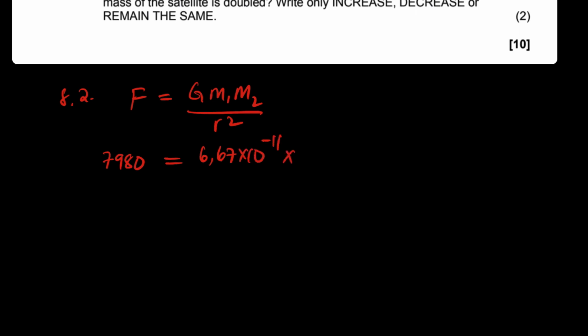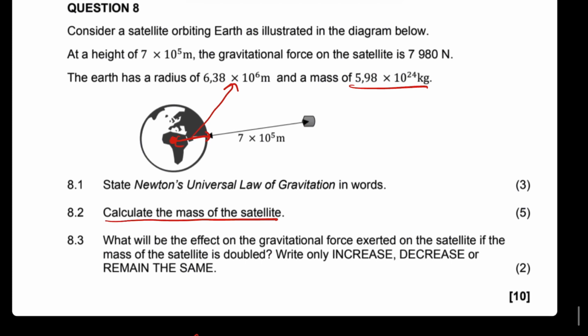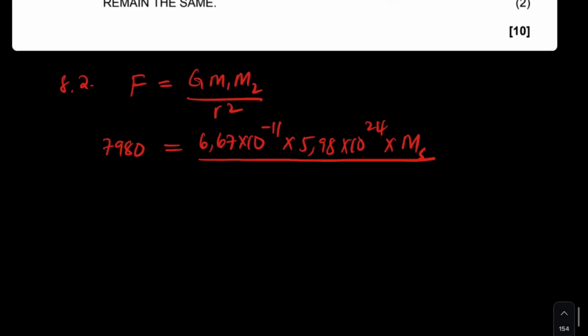The mass 1 will be the mass of the Earth, 5.98 times 10 to the power 24, times the mass of the satellite, I'll say ms. Guys, you need to remember here that this distance is going to be from here, so we're going to add this distance, which is the height plus the radius. It's very important.